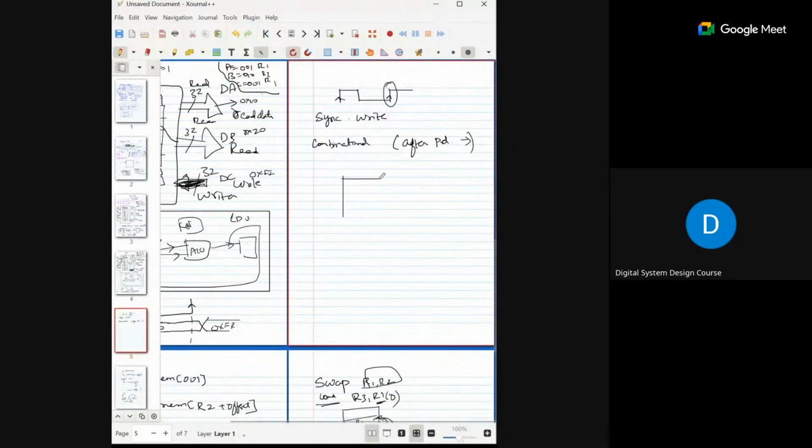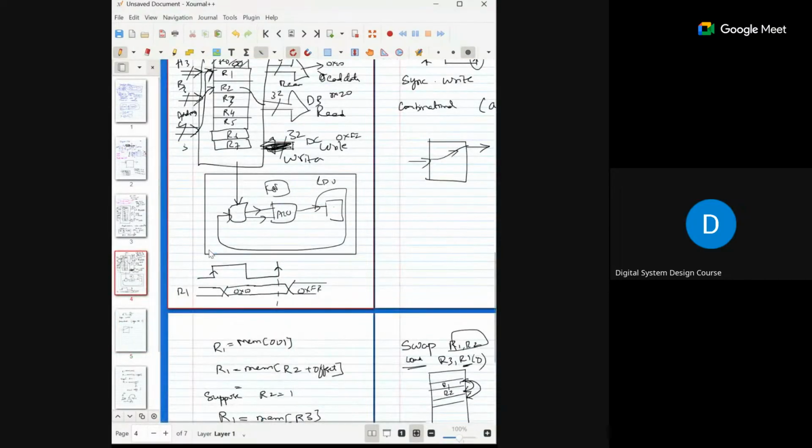In my particular module, I'm reading instantly. But if I write instantly, what may happen? The data may change. I don't know whether I'm writing the right data or wrong data. Imagine in the same example, in this R1 address I'm writing something as FF, and in the same R1 I'm reading something.